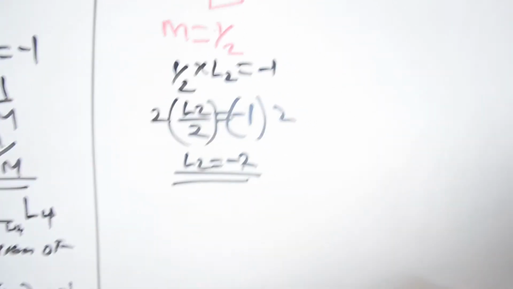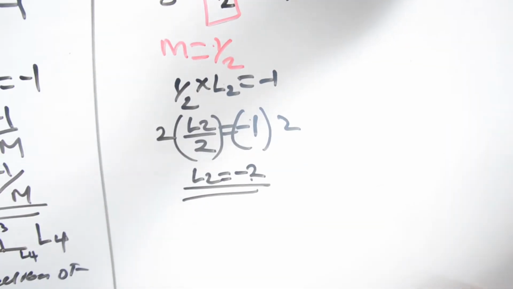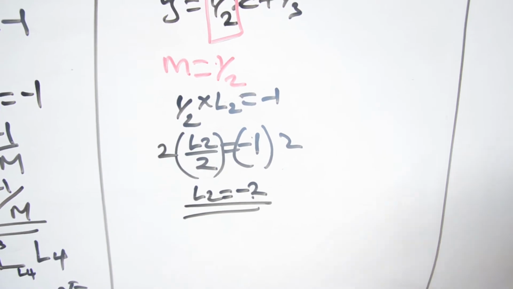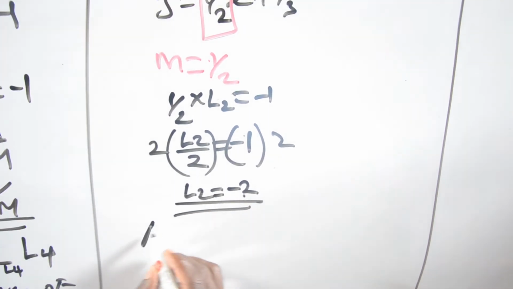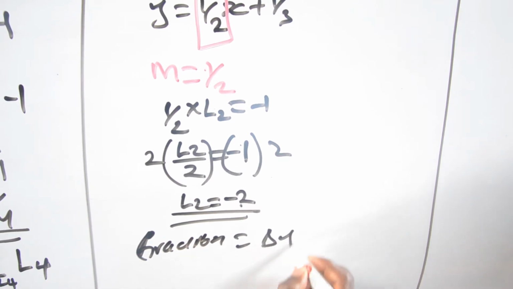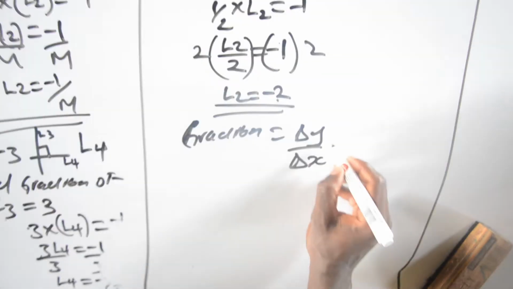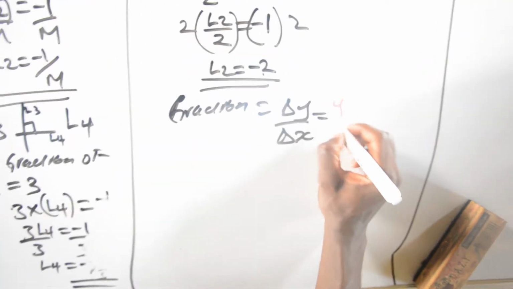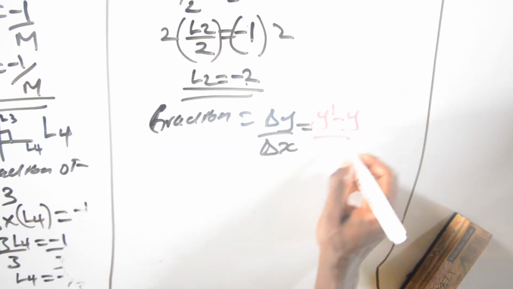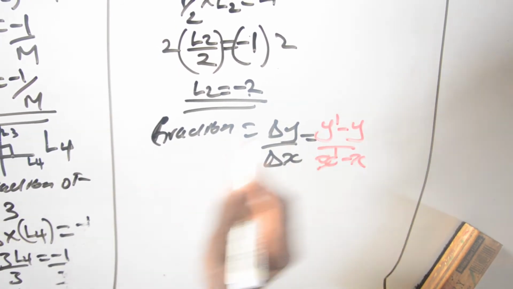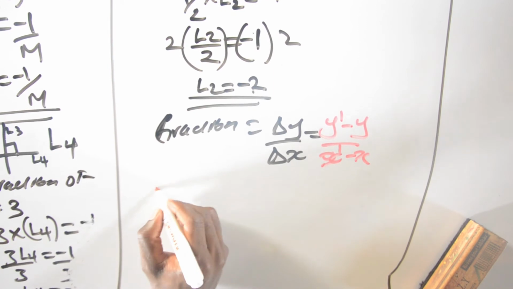Then we're going to do what we did in finding the equation of a line. We said equation of a line, gradient of a line. First, the gradient of a line is given by change in y over change in x, which also means y1 subtracted by y over x1 subtracted by x. So for this we have the gradient of the second line, which is -2.